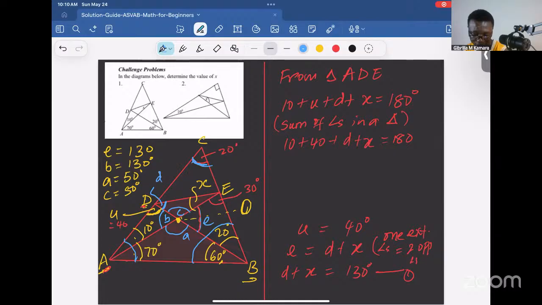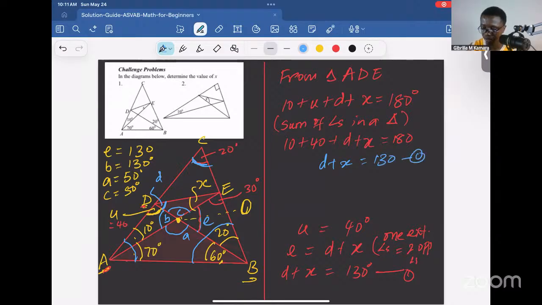We have X. Where am I? Because what I'm seeing here right now, we are still going to have D plus X as 130.